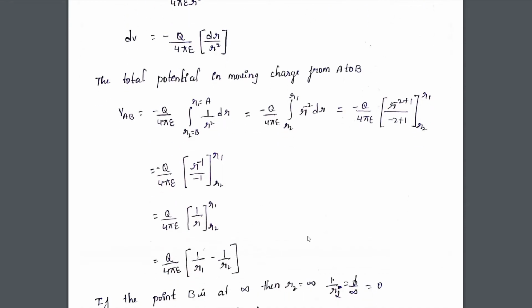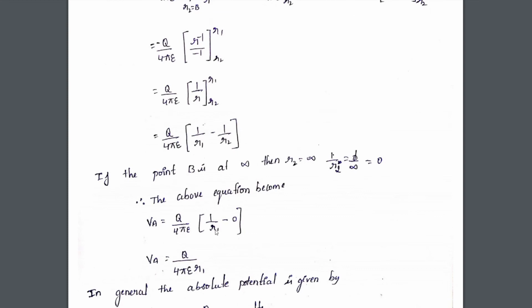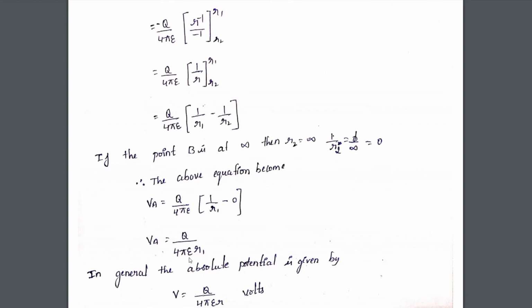Then you need to convert that to absolute potential here. So what you have to do, you have to assume the point B is at infinity, then R2 will become infinity. 1 by R2, that is 1 by infinity, will be 0. So if you put this value in the above equation, VAB will be converted to VA, that is Q by 4 pi epsilon R1.